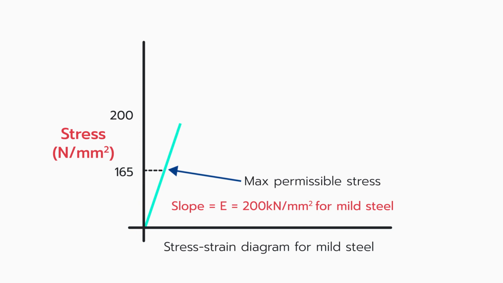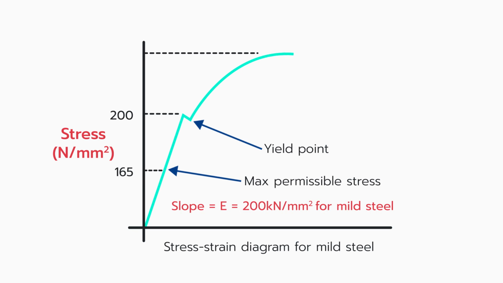At the top of this straight section, which occurs where stress equals 200, the graph bends suddenly downwards, and this point is labelled yield point. After a small straight section here, it then curves upwards again to a high point, then begins to curve downwards again. The end of this downwards curve, which occurs slightly below the maximum stress level, is labelled ultimate strength.